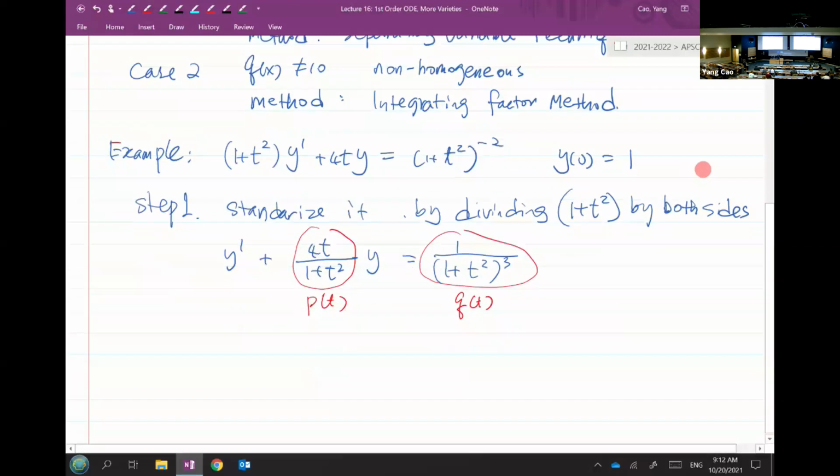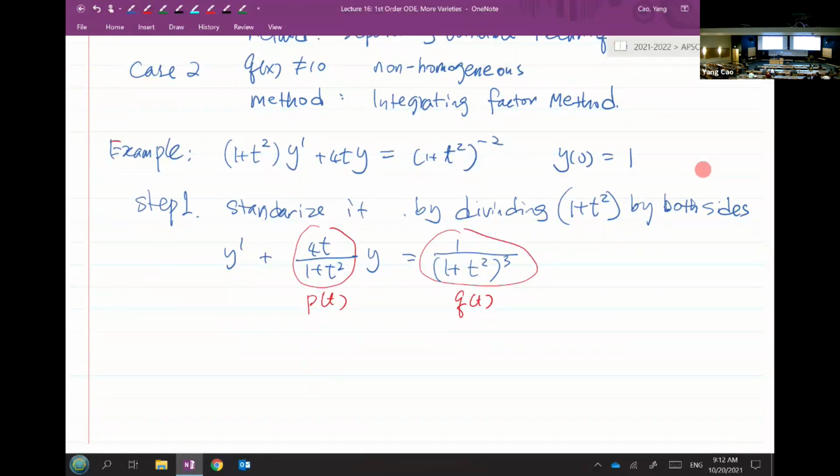As I recommended, I don't want you to memorize any formulas rigidly. I want you to be able to follow the procedures of the integrating factor method. So the procedure is, once you are at this stage, you multiply by that integrating factor.